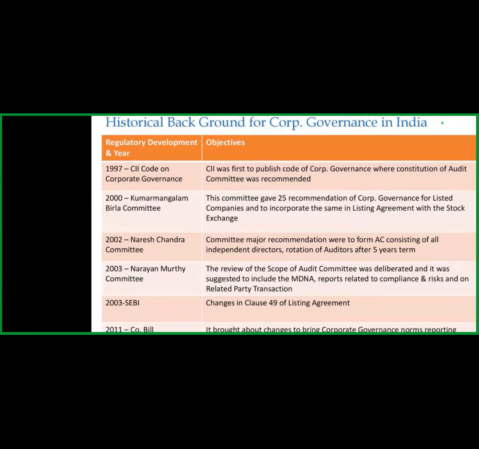The government accepted this policy of LPG. They opened the door.